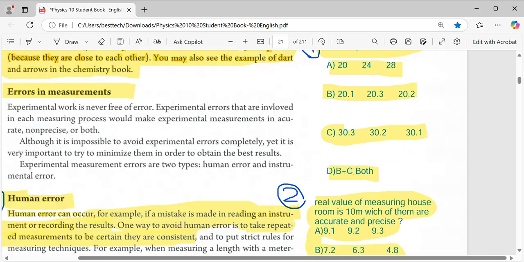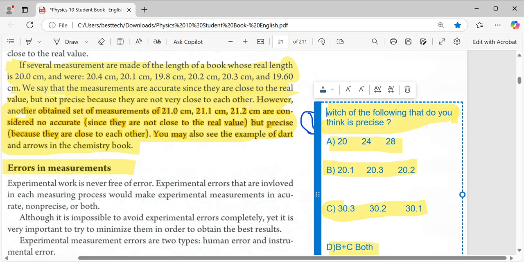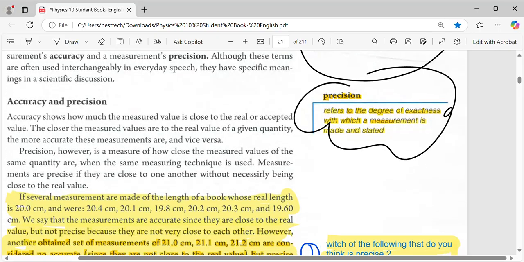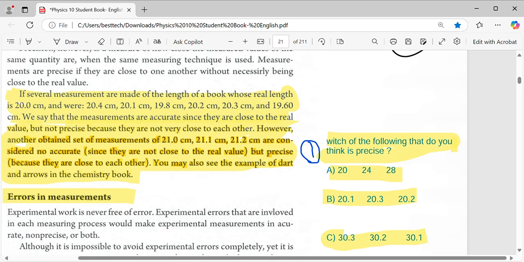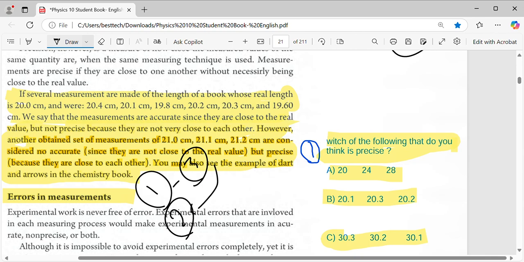We said accuracy means the thing that you measured is close to the original. But for precision, the results I got, if they are close to each other, this is called precision.